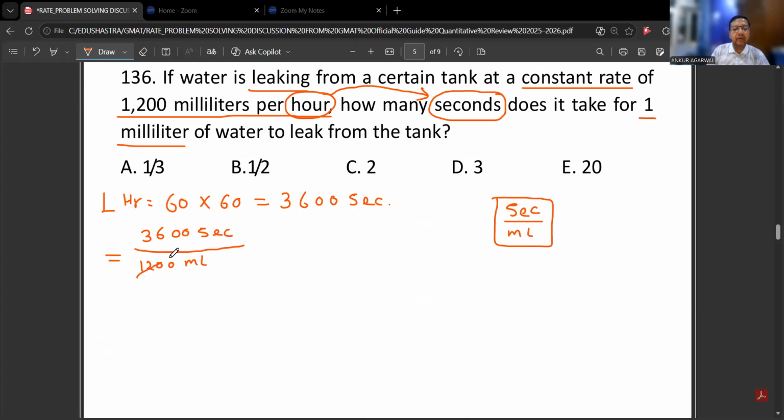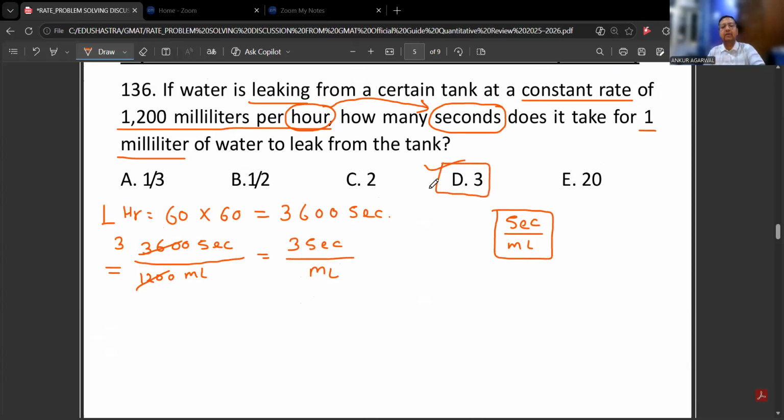So when you simplify this, it cancels 3 times, and your answer comes out to be 3 seconds per milliliter. That is, 1 milliliter will leak out in 3 seconds. This way you get your answer, the third option, which is the right one.